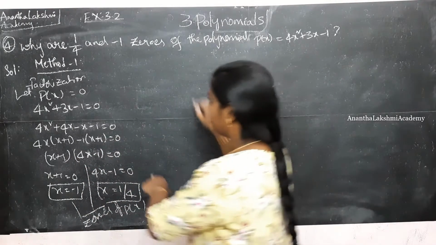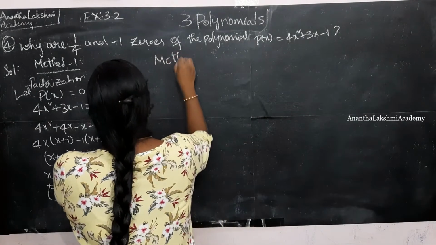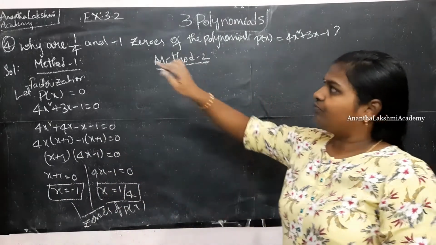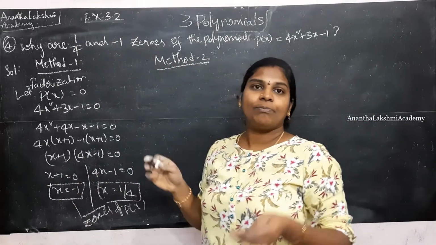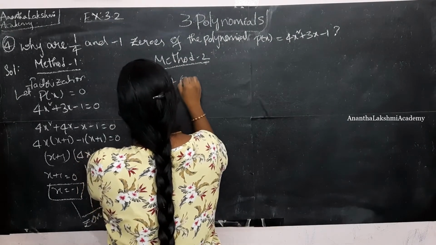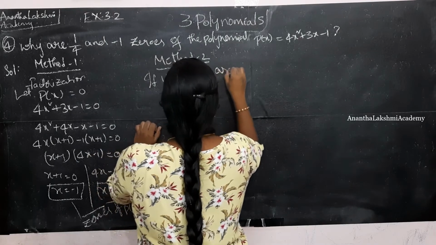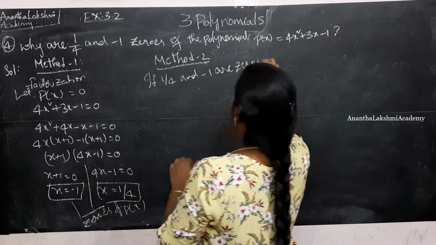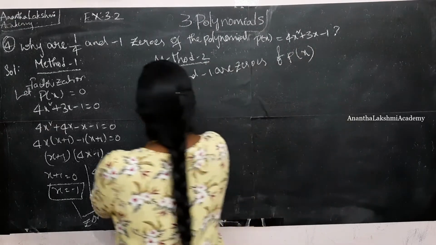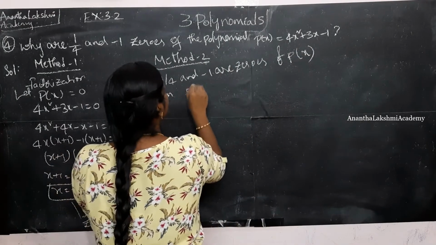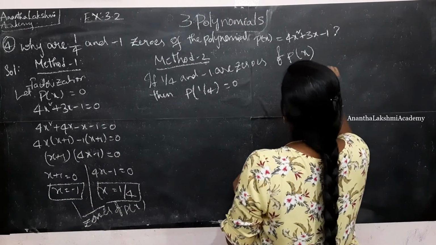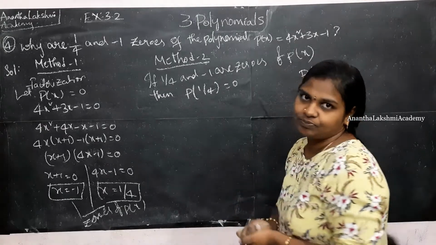The second method which we could solve is this: if 1 by 4 and minus 1 are zeros of p of x, then what should happen? p of 1 by 4 should be equal to 0 and p of minus 1 also should be equal to 0, isn't it?